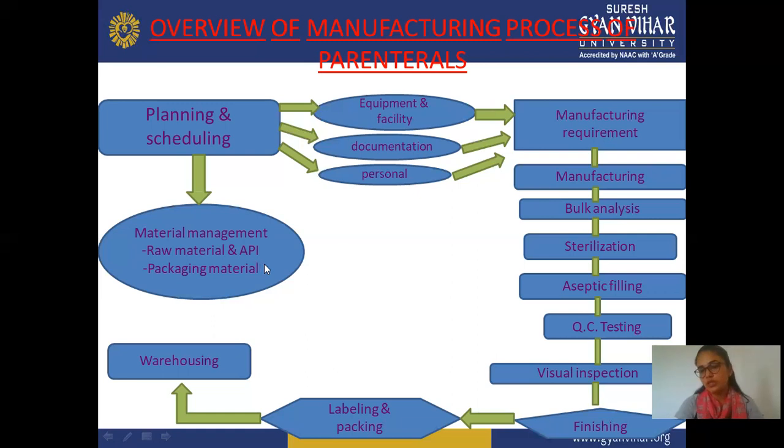After completing the formulation or manufacturing of your formulation, you pack in a particular required container or packaging material. So not only material, API and excipient is not necessary, you should also know about the packaging material in material management. Also include this packaging material.